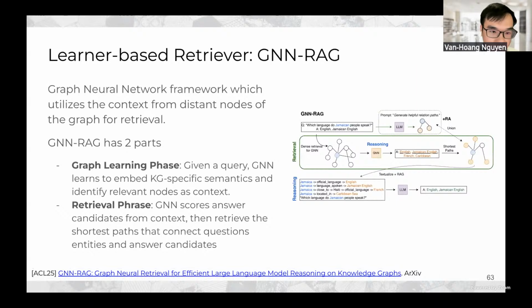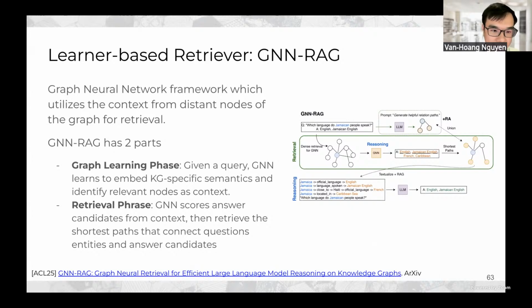If you're familiar with graph neural networks, you'll know that it's a very effective method to learn better representations of both the graph entities and also the graph relations. And it's able to utilize the context from distant nodes of the graph.